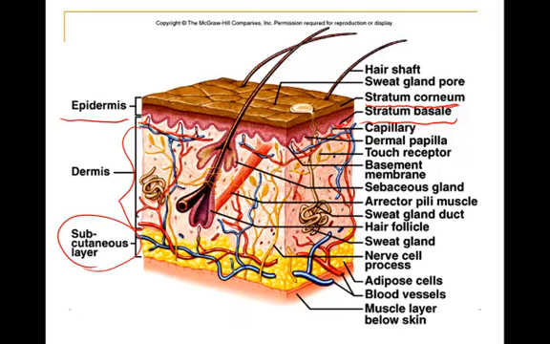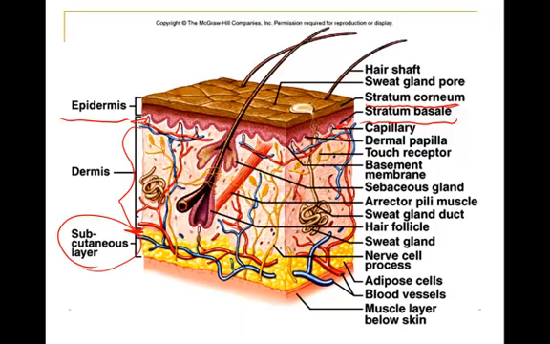The dermis is below, so it's the middle layer, it's the sandwich layer, and this is primarily fibrous connective tissue. And the fibrous connective tissue creates the strength and elasticity of our skin. It's quite vascular. As you can see from this picture, there's lots of blood supply. It comes out of the subcutaneous and branches up into the dermal layer. So that brings the oxygen.